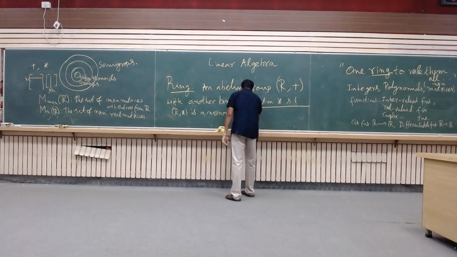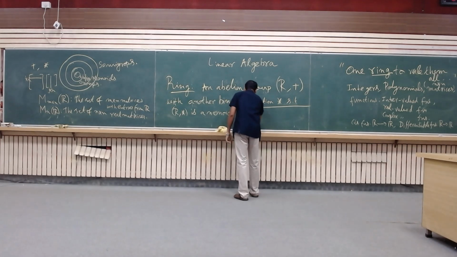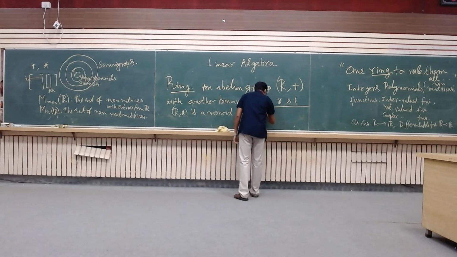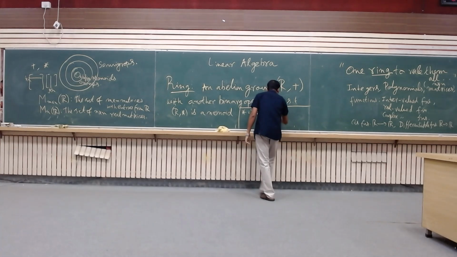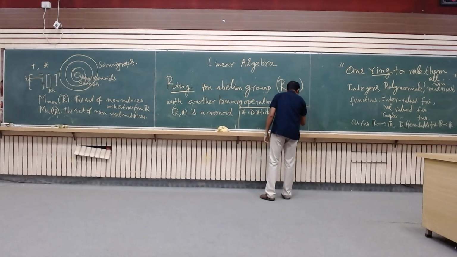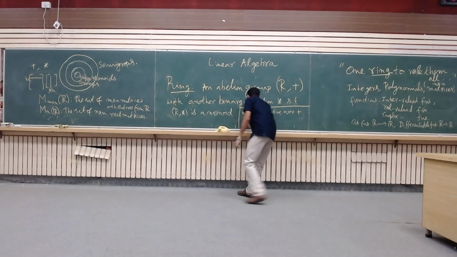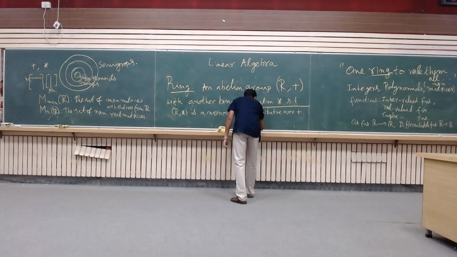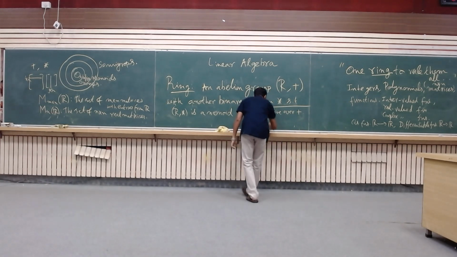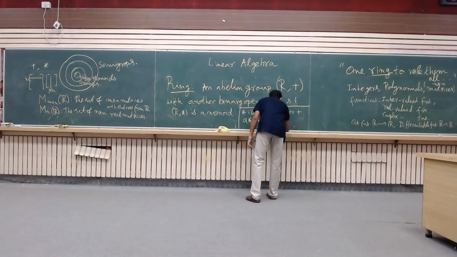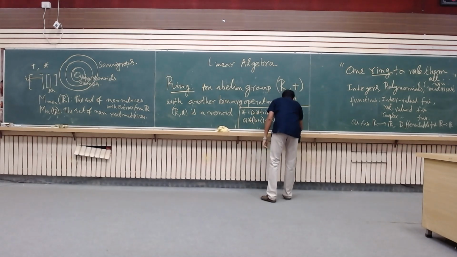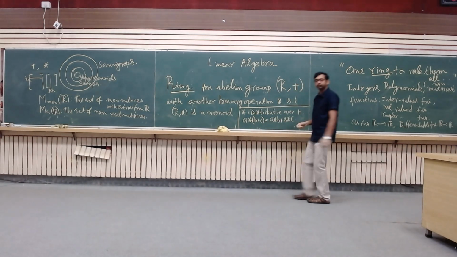The other one is that star must be distributive over addition. Distributive over plus. What does that mean? A star (B plus C) is equal to A star B plus A star C.